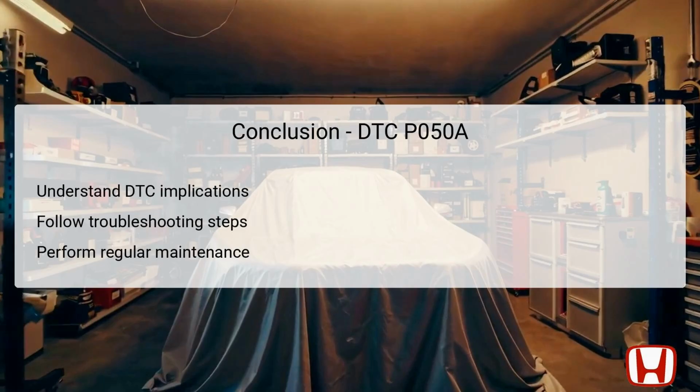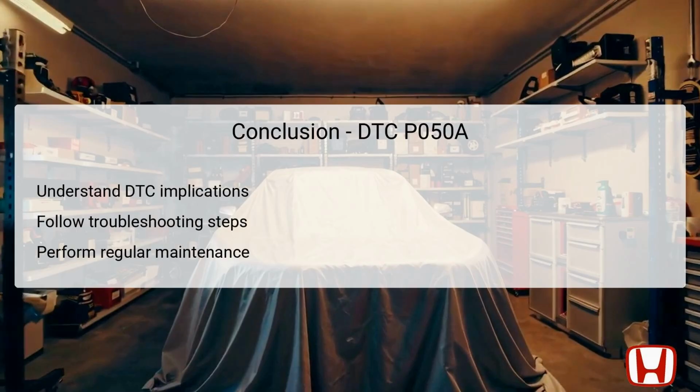In summary, DTC P050 is a crucial code indicating issues with the cold start idle air control system, impacting engine performance by disrupting airflow. Understanding the symptoms and implications of this DTC allows for prompt action to resolve underlying issues.